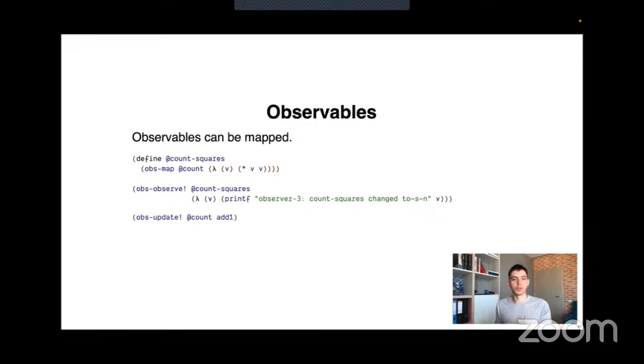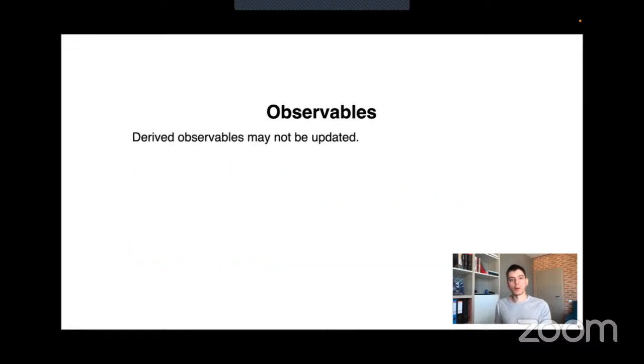And now when we push a change to the original count, both of its original observers trigger, as well as this new one that we've subscribed to a derived observable or a mapped observable. However, derived observables cannot be updated. And so if you try to update the count squares observable, that leads to a contract violation.